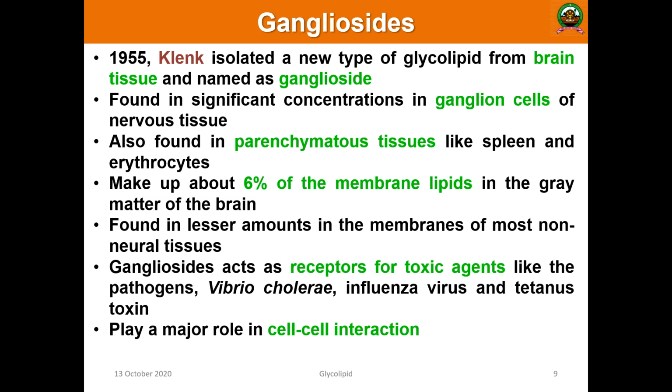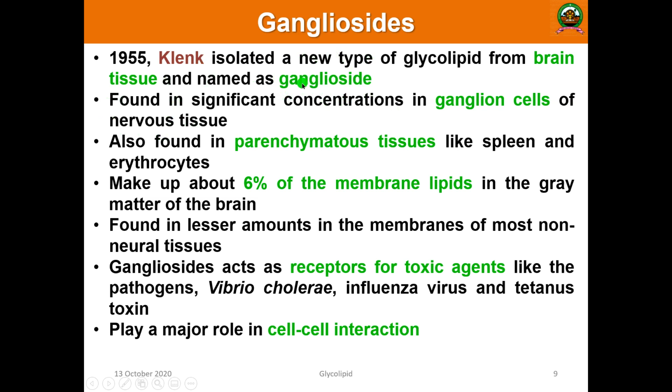Then the second group of lipids are known as gangliosides. In the year 1955, a great scientist called Blix found a special type of glycolipid from brain tissue, and it is commonly present in the ganglionic cells of nerve tissue. Thus it is known as a ganglioside.